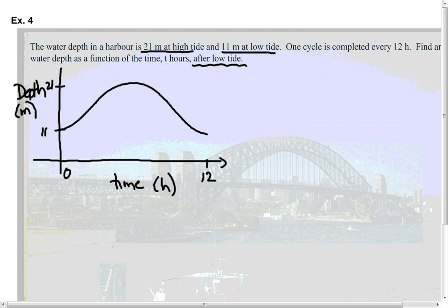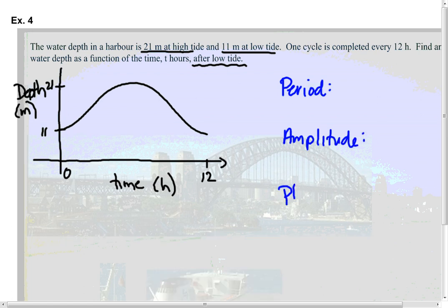I know that I'm going to want the period and the amplitude and any shifts and displacement. So let's brainstorm for a bit here. Period, amplitude, phase shift, and we can talk about it with our old lingo too, displacement.